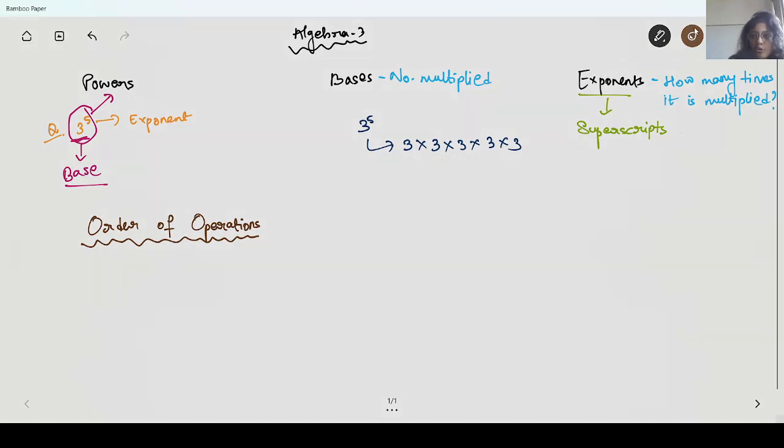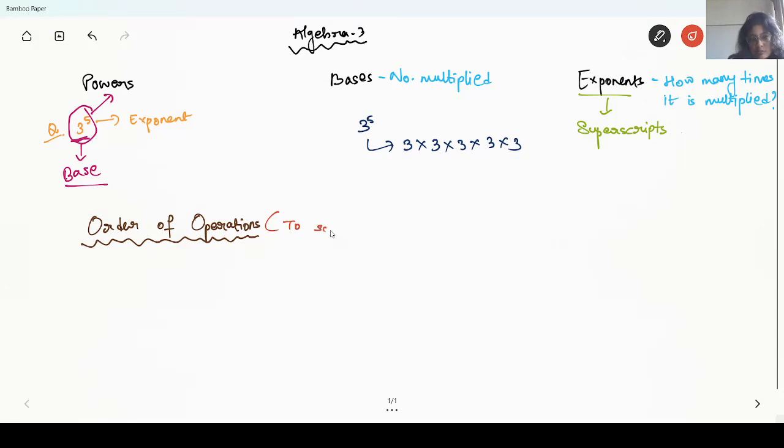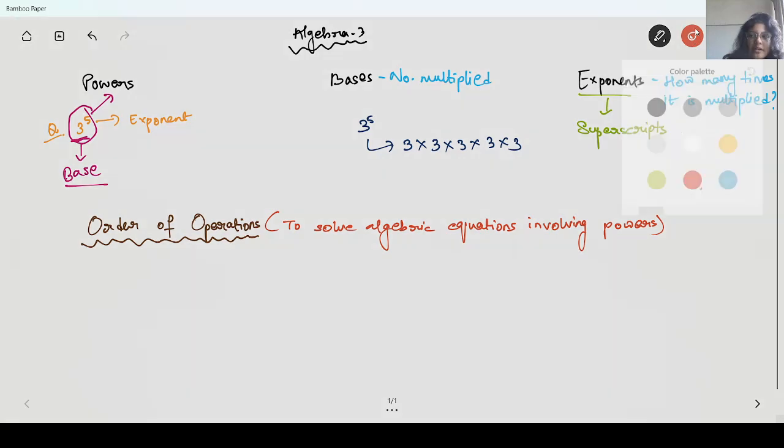Now, what is it? It also broadly follows the BODMAS concept.